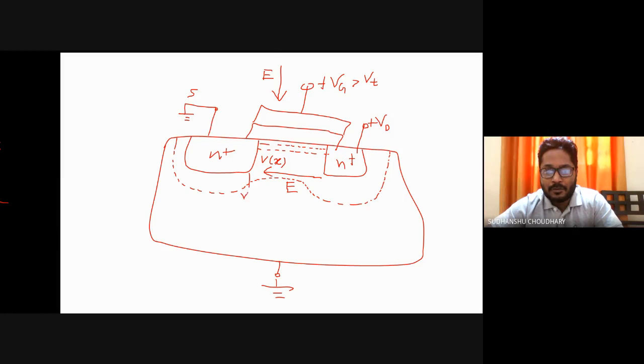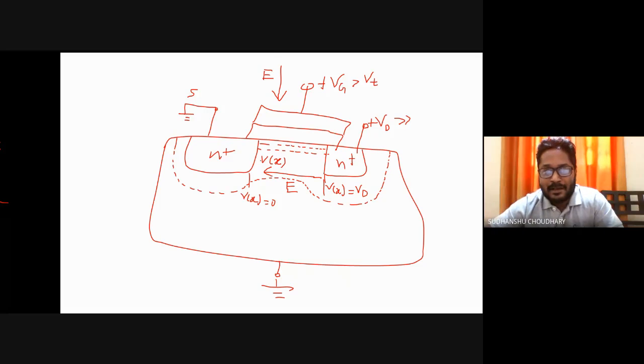So Vx is 0. And Vx at this point is equal to your Vd. Obviously, when Vd is increased, this keeps on increasing.